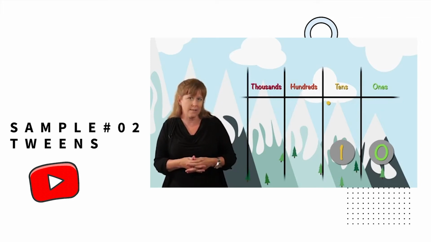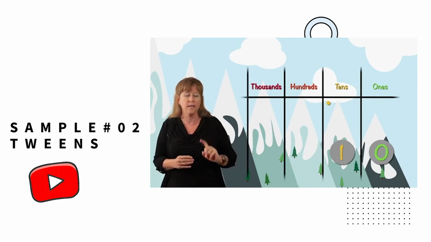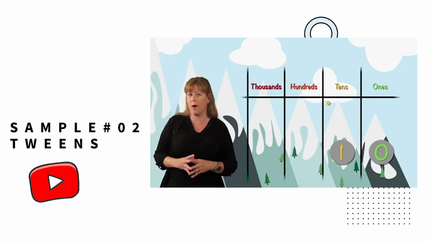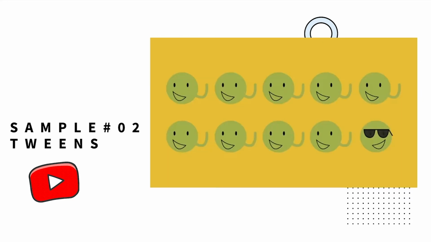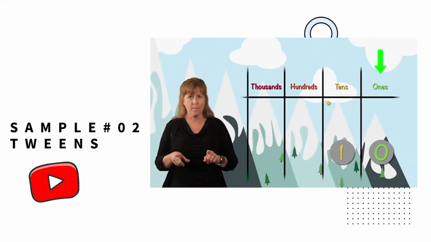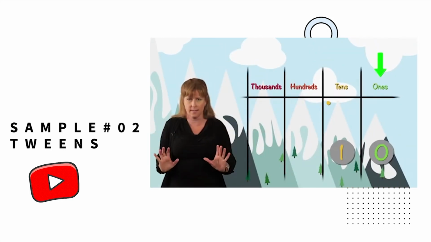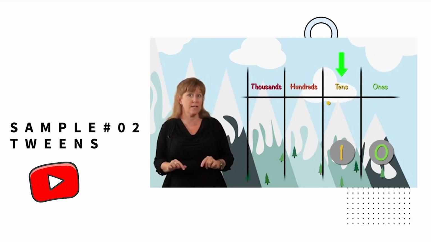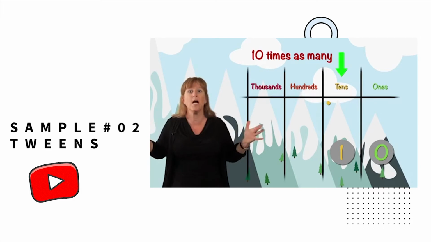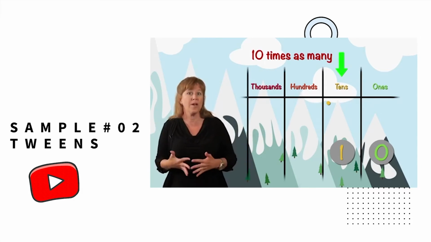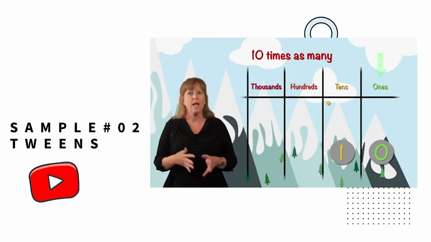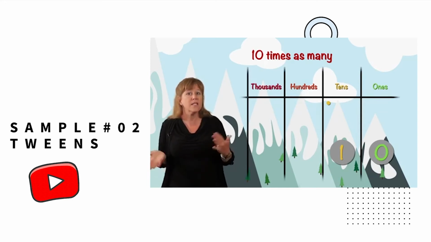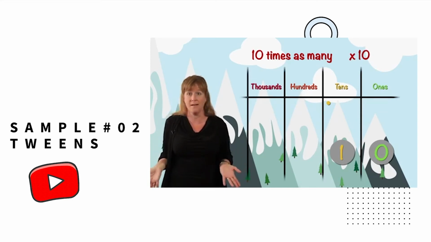But look at this. This 1 disk in the tens column really represents 10 ones. So a disk in this column is worth 10 disks in this column. We can say that a disk in this column is 10 times as many as one in the column to the right. 10 times as many is a way of writing times 10.